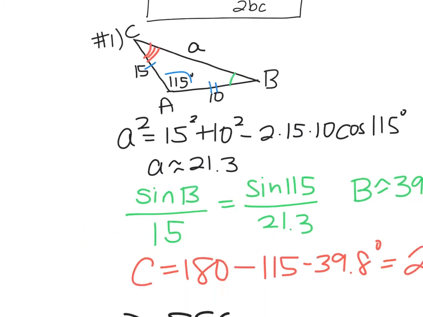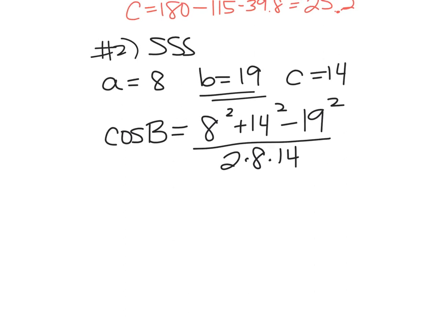Okay? All right. So for this, if you're going to put this whole thing in your calculator, you're going to need some parentheses. You're going to need parentheses here and parentheses there around the whole thing. So I would do parentheses 8 squared plus 14 squared minus 19 squared.